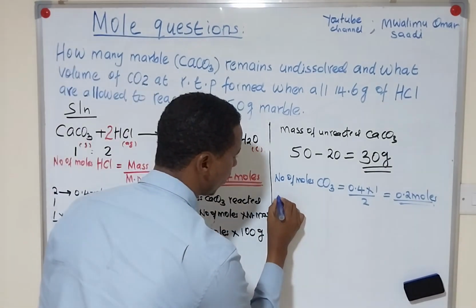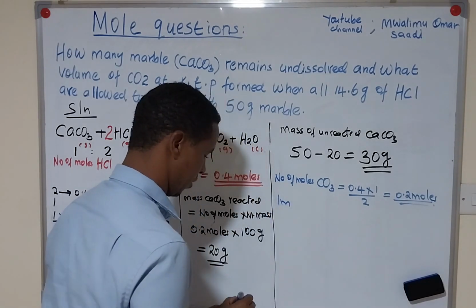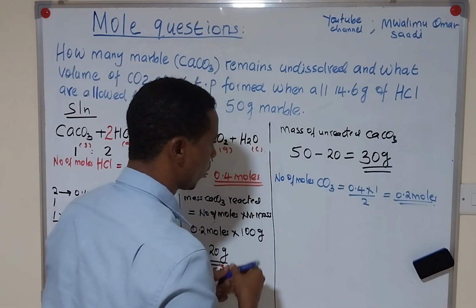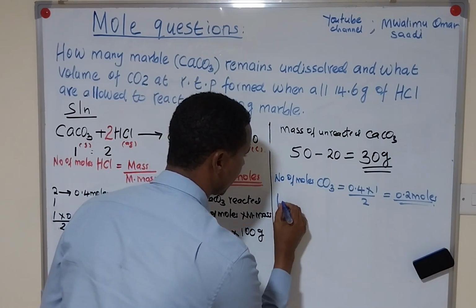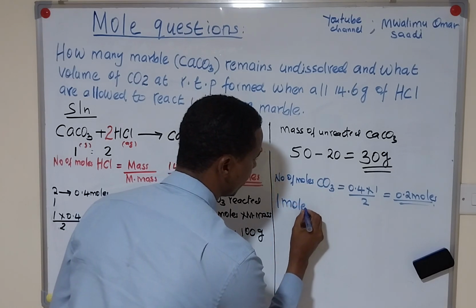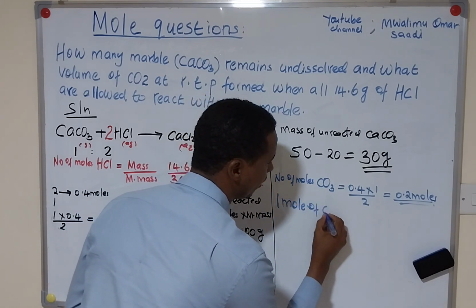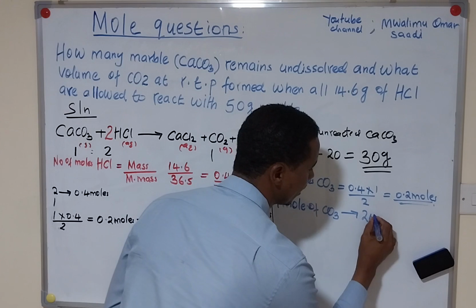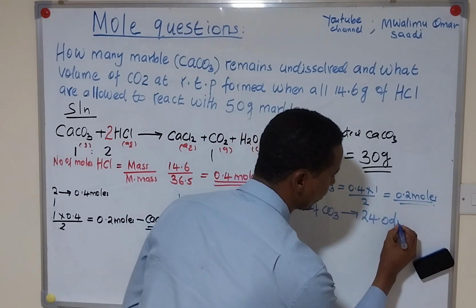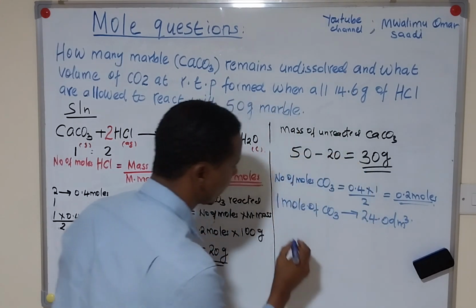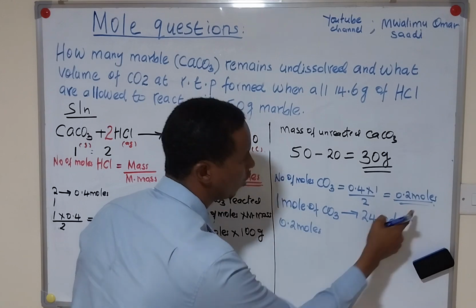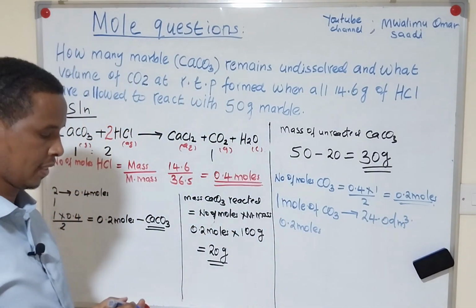If 1 mole of carbon(IV) oxide occupies 24.0 dm cube, what about 0.2 moles of the CO2 gas?